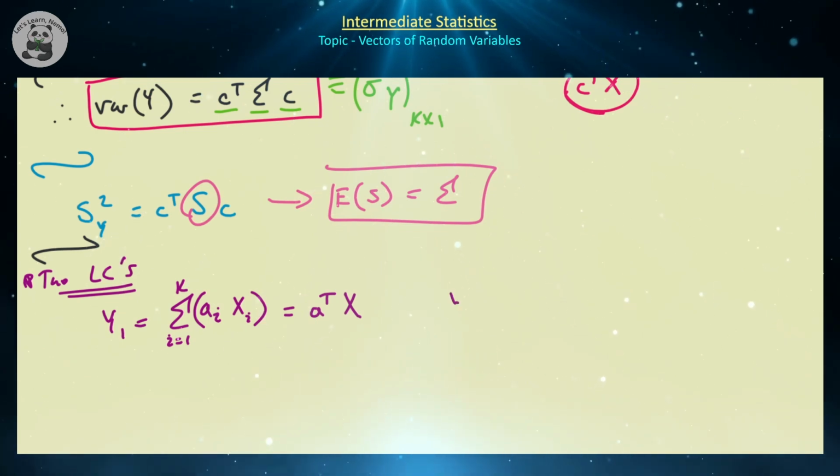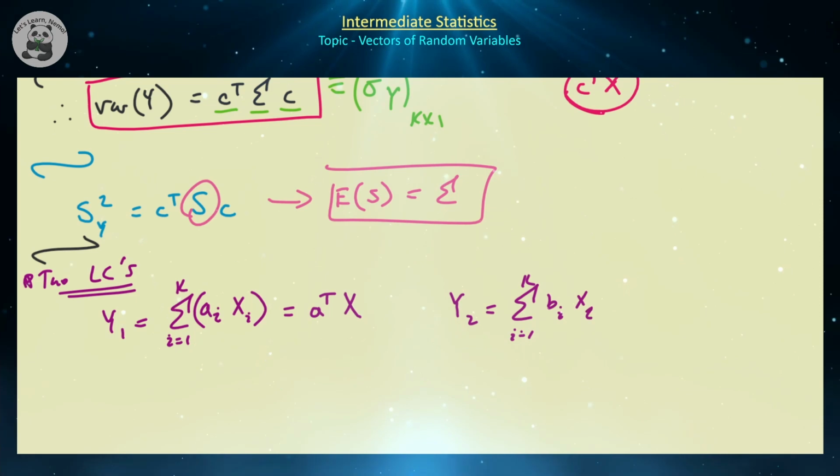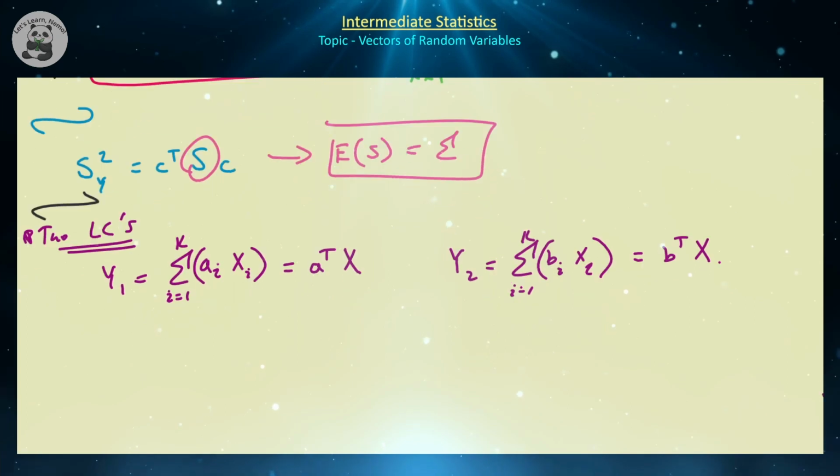And let's also define, for example, y2 to be equal to the sum from i equals 1 to k of, let's create some new constants, say bi xi. And if we define all these constants b in a vector, that's obviously just going to be the same as b transpose x. Right? So y1 is one linear combination, y2 is another linear combination.